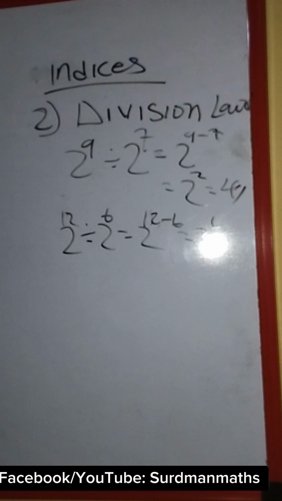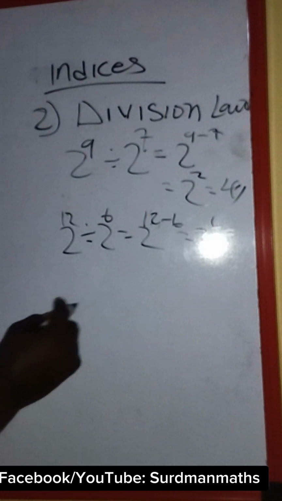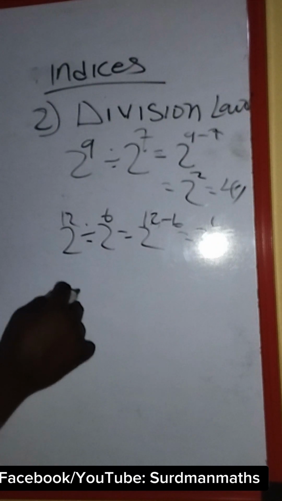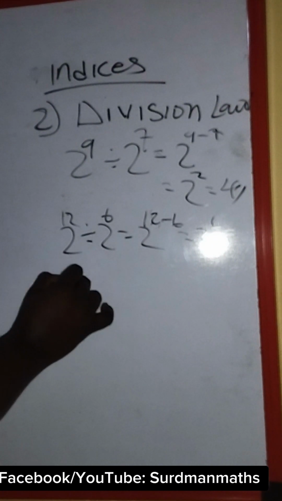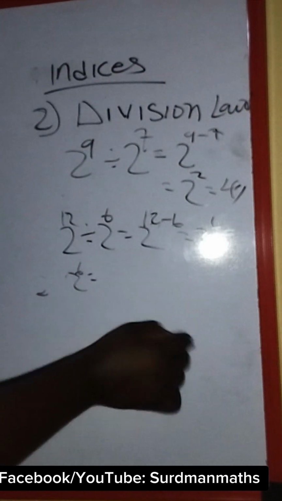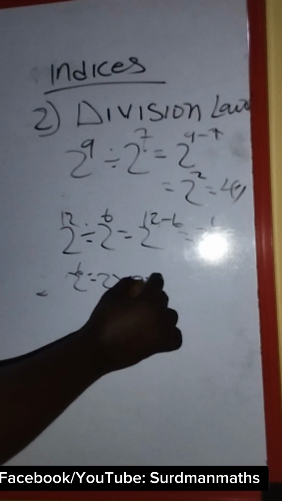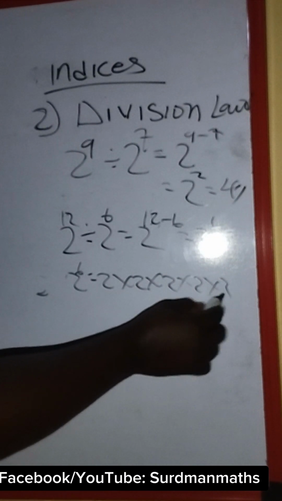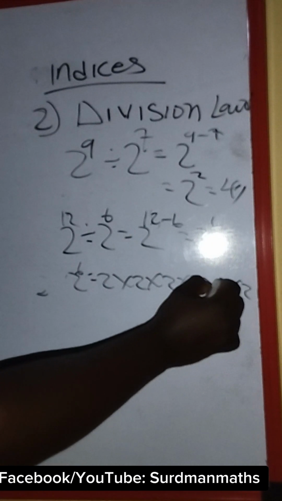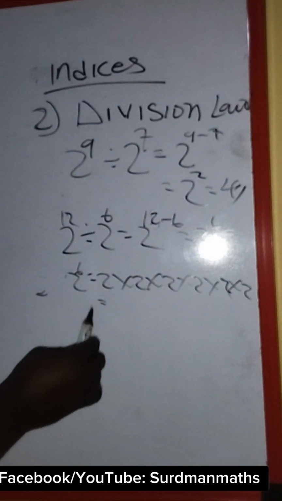And 2 raised to power 6 simply means 2 into 6 places, which is 2 times 2 times 2 times 2 times 2 times 2, 1, 2, 3, 4, 5, 6.